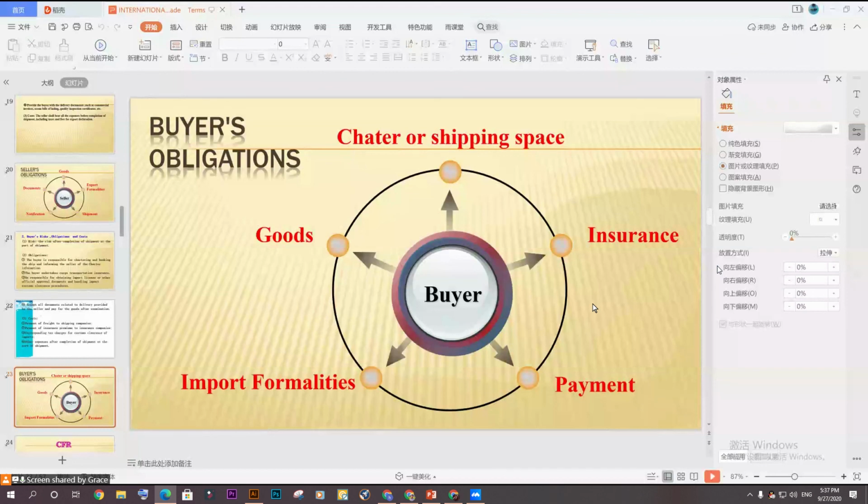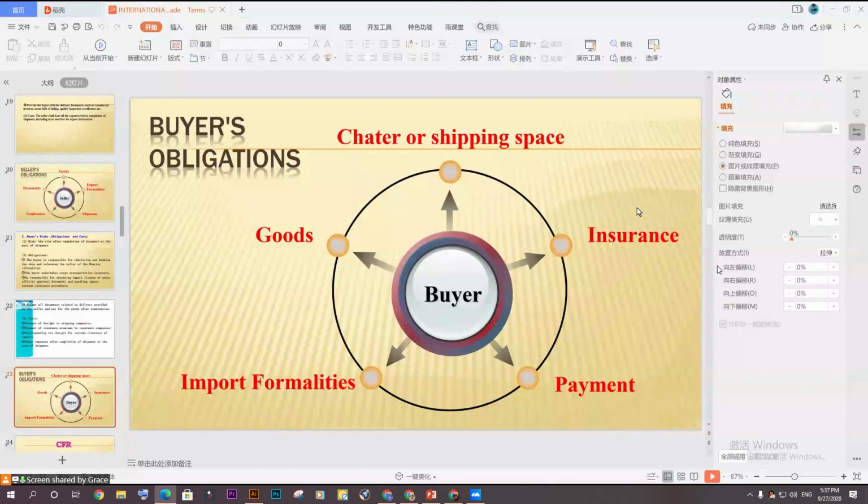Number one is a charter or shipping space. That means the buyer should hire a charter, or maybe book a shipping space for delivery of the goods. So this is the first obligation of the buyers.